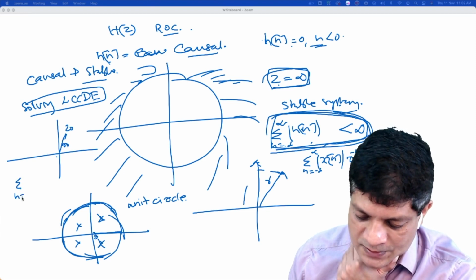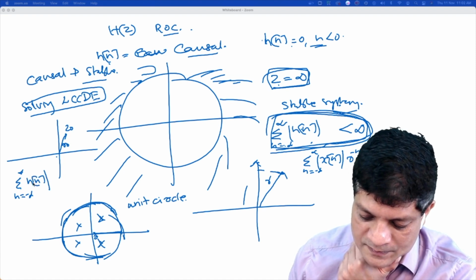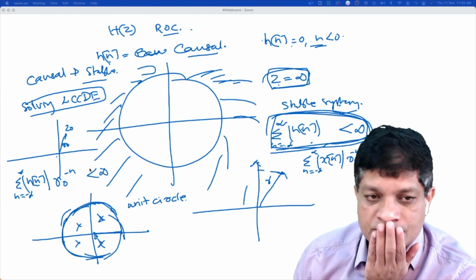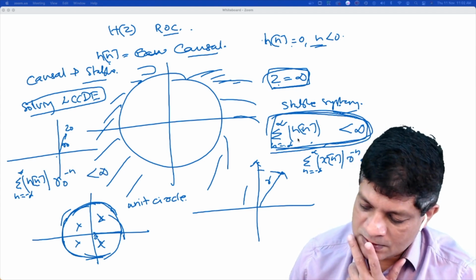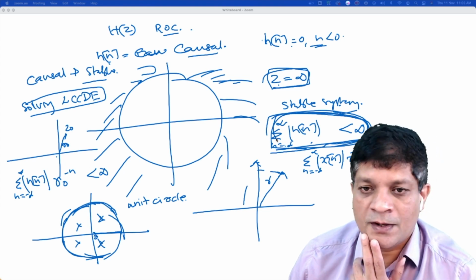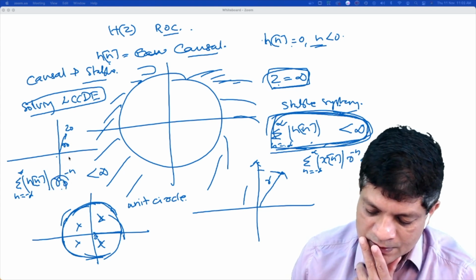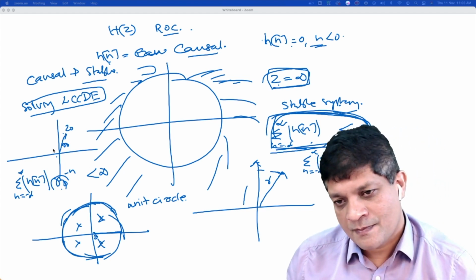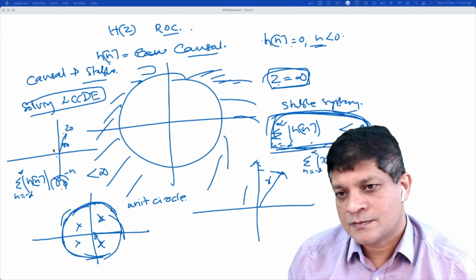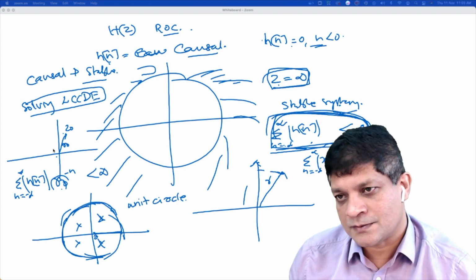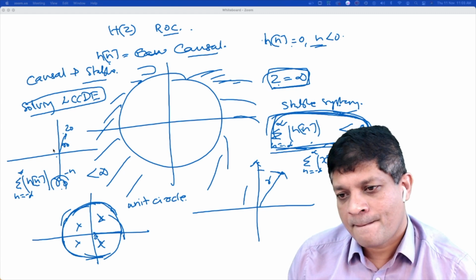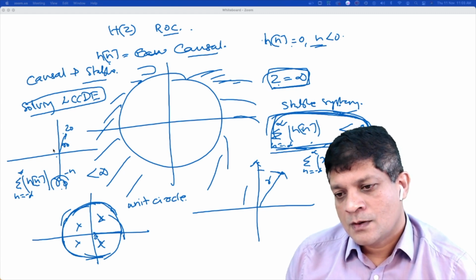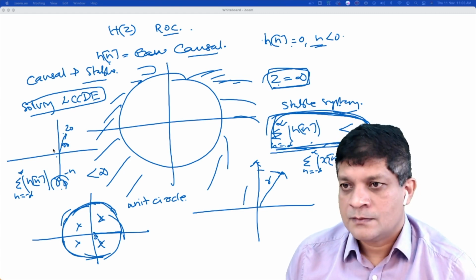This sum should be finite. And if it is given that this is finite, does it imply that r naught equals 1, that this is in the ROC? Yes, sir. That is the importance of the unit circle. Got it.